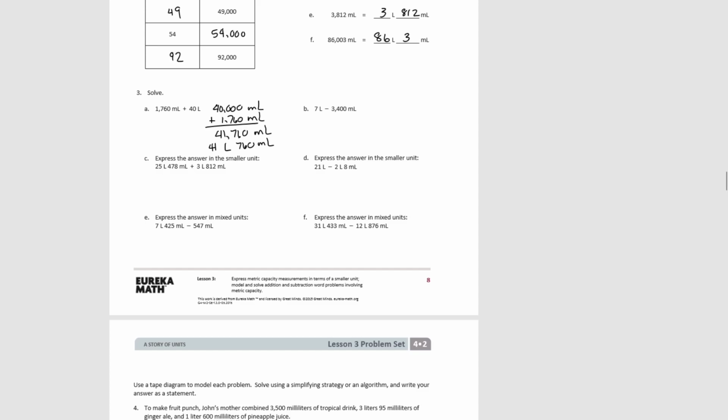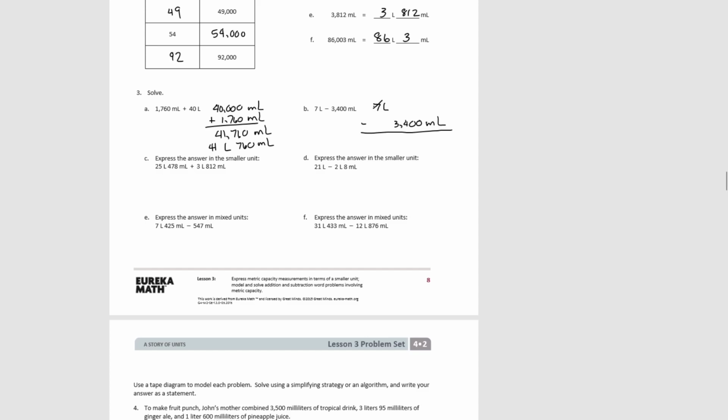If we write this vertically, we'd have 7 liters minus 3,400 milliliters. To do this subtraction, we'd have to, if we took 1 from here, that would be 1,000. 2 liters would be 2,000. 3 liters would be 3,000.